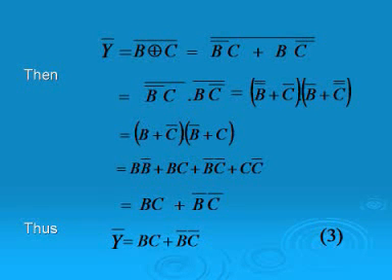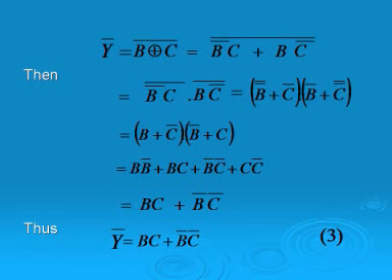This is equal to B B bar plus B C plus B bar C bar plus C bar C. Now the product of a number with its complement is 0. That is, B into B bar is equal to 0, C into C bar is equal to 0. Thus, Y bar is equal to BC plus B bar C bar.